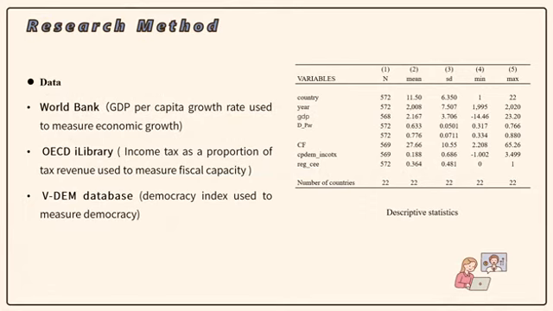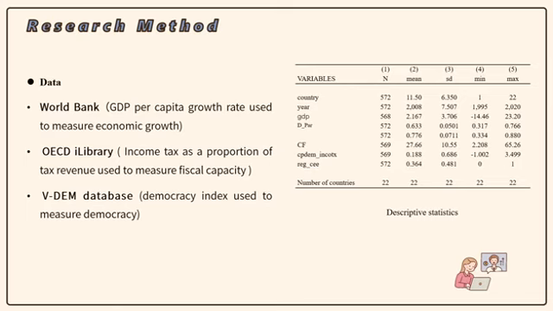In this paper, we use the World Bank, the OECD library website, and the V-Dem database to collect data for the variables. For the variable selection, we measure economic growth by GDP per capita growth rate. The GDP per capita growth rate is directly available from the World Bank database.